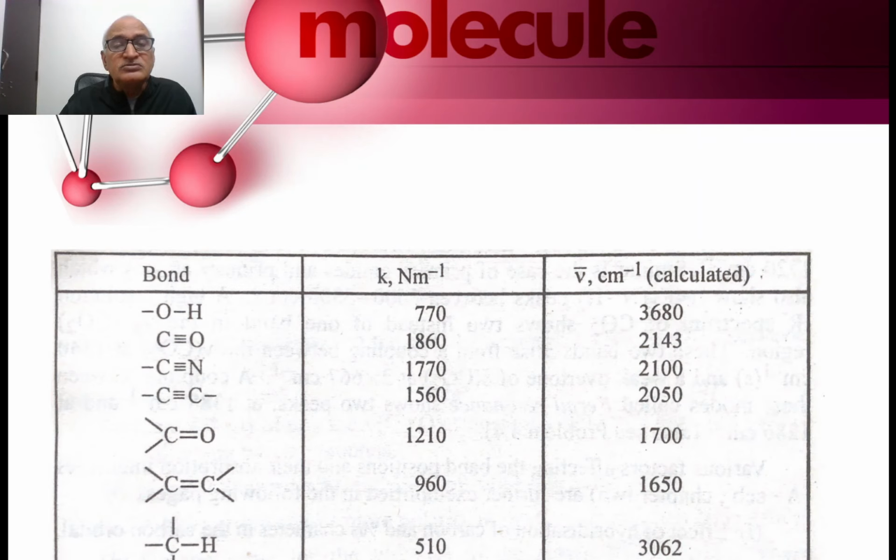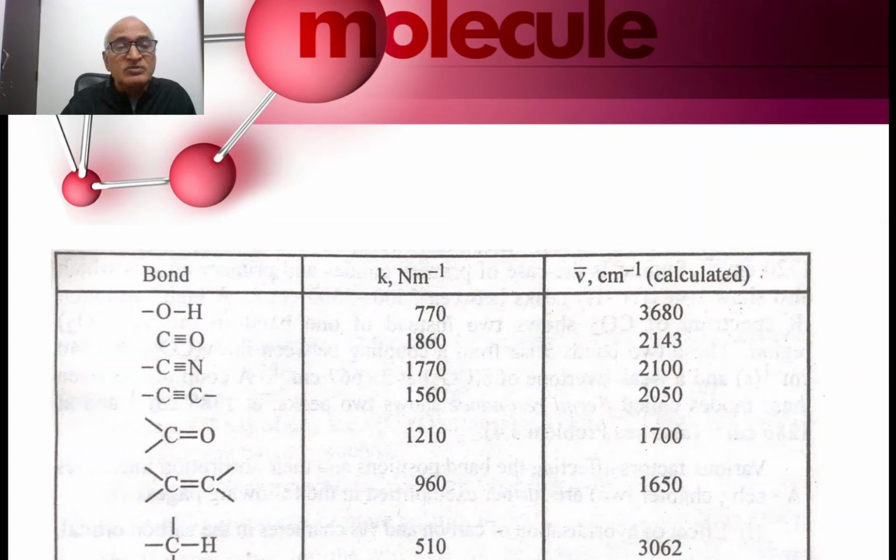In this slide, I have given the force constant values and the vibrational frequency data for some compounds. Some inferences can be drawn. When the bond is a triple bond, then the K value is very large. Accordingly, the vibrational frequency is also large.